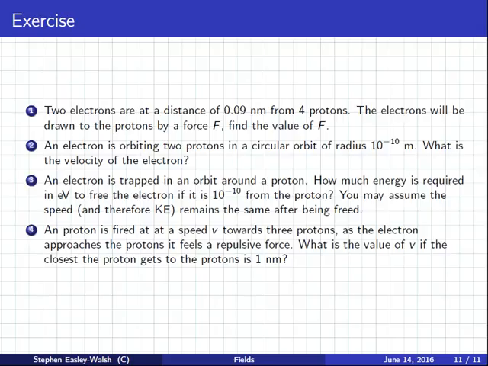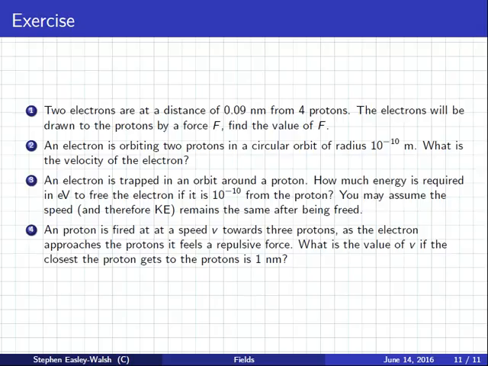Alright, I'll be back in just a minute with a cup of coffee. When I come back, you should be finished these 4. I'll give you a little hint for number 4 before I go. In number 4, a proton is fired at another proton. As it comes in, what's the force between them? Attraction or repulsion?